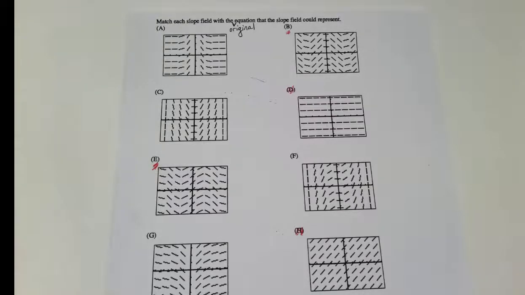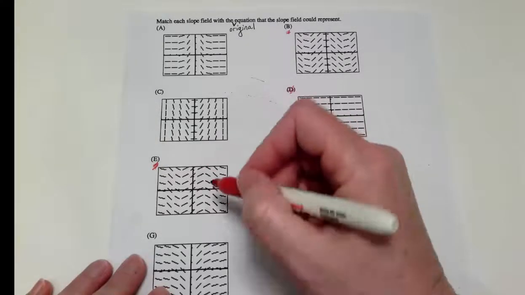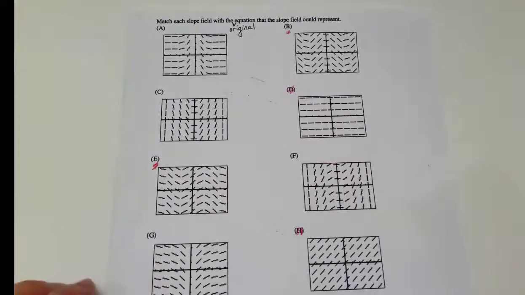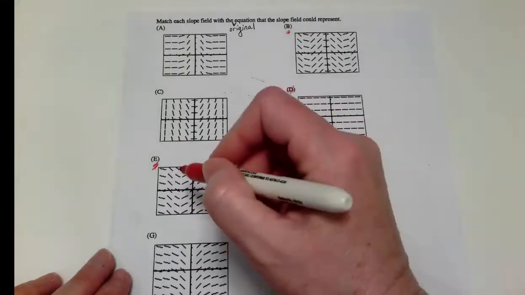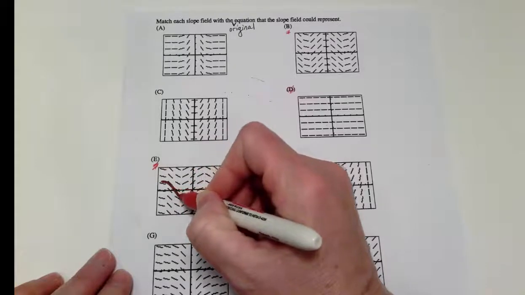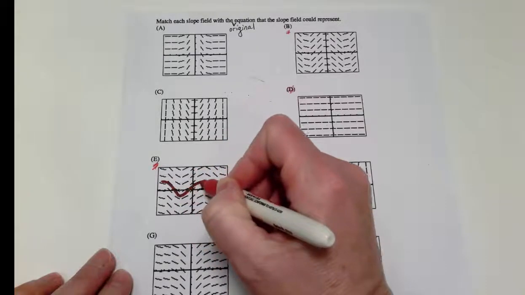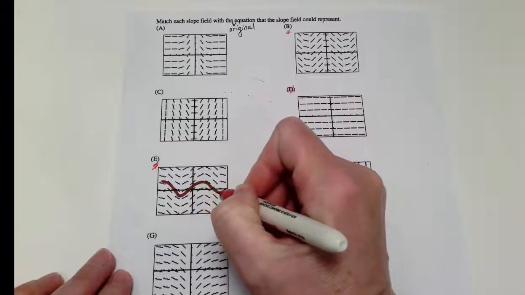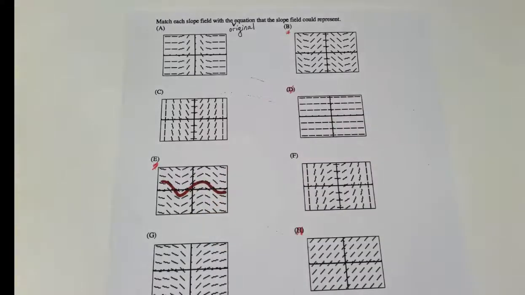So this is one place where it might be beneficial to think of what the solution curve might look like through the given slope field. So over here at E, remember, when you draw a solution curve through a slope field, you're going to kind of follow the slope curves.